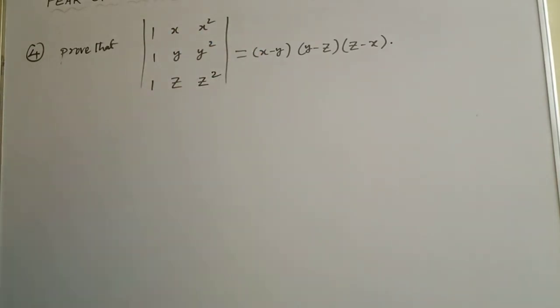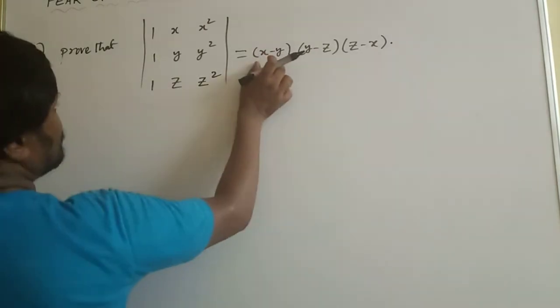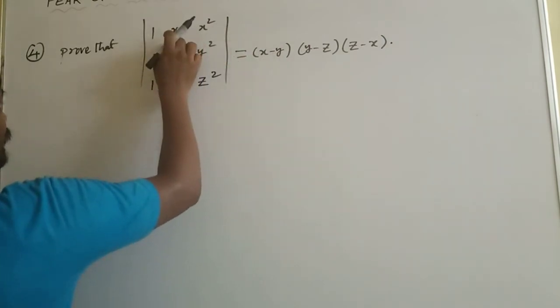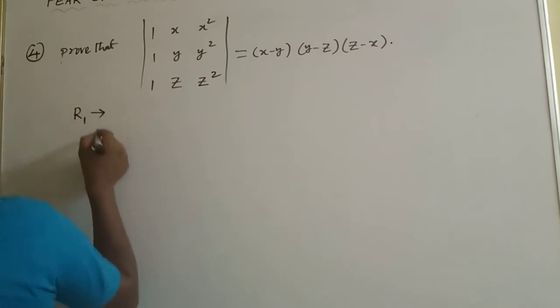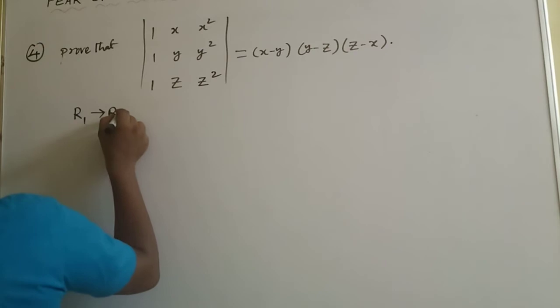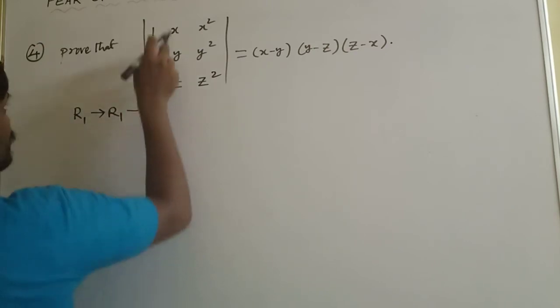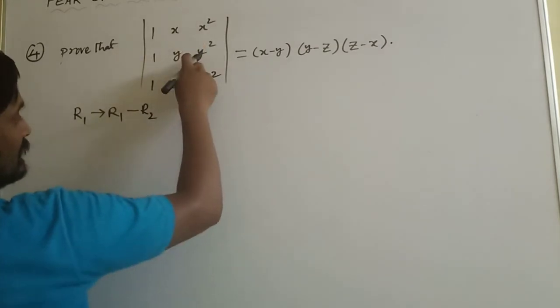So for that purpose, what I will do, I want x minus y. So when I do R1 tends to R1 minus R2, then x minus y, x square minus y square.